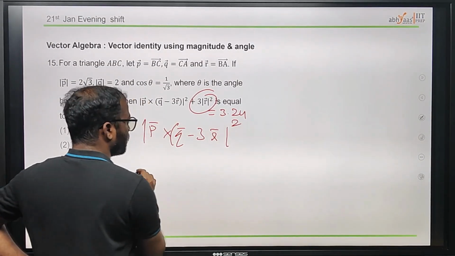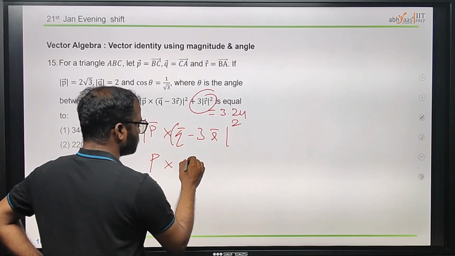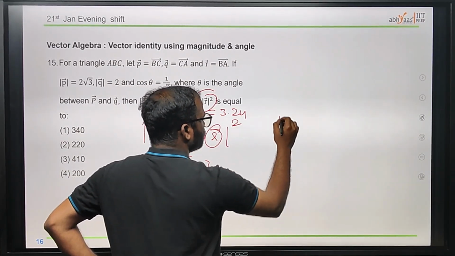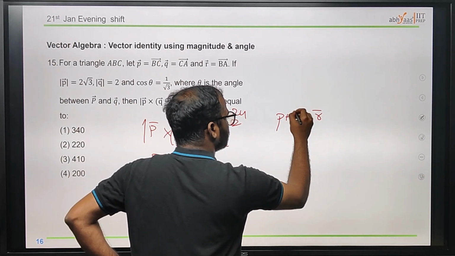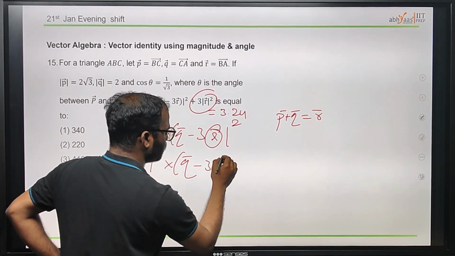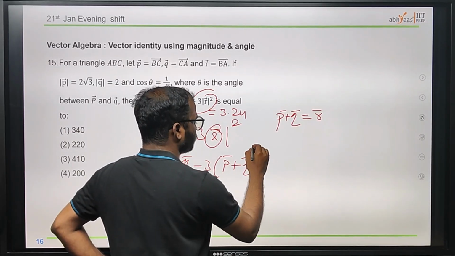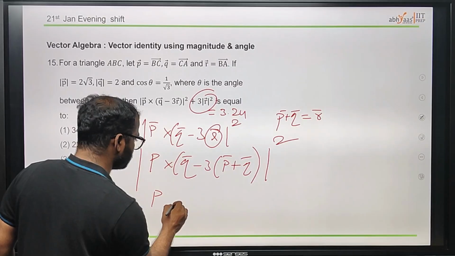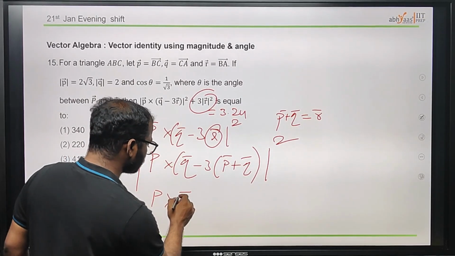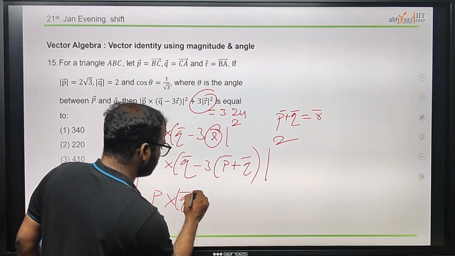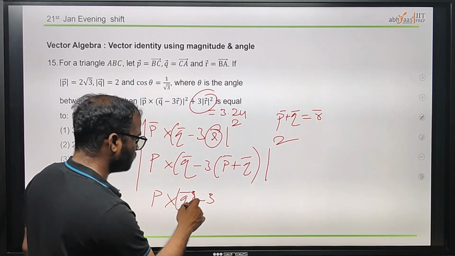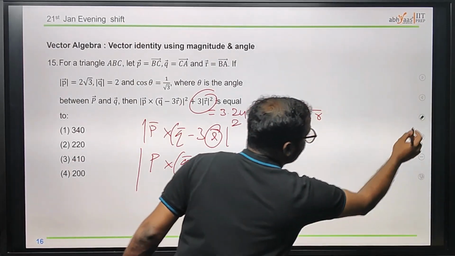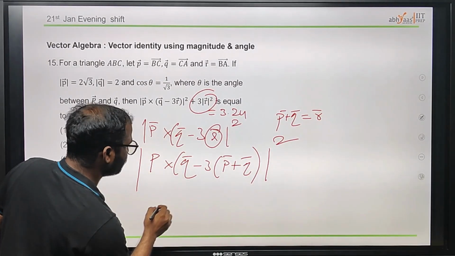Now we need to find this one. In order to find this one, we simplify it. Since we know p plus q bar is r bar by the triangle rule, it will be mod of p bar plus q bar, whole square. Now we have p cross q bar; just take p outside.